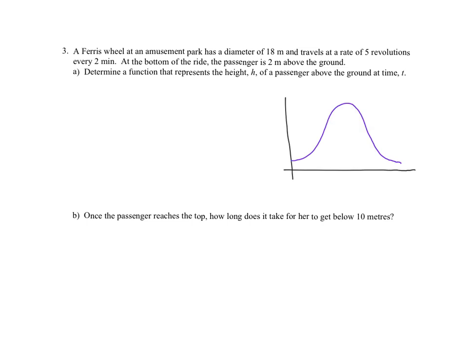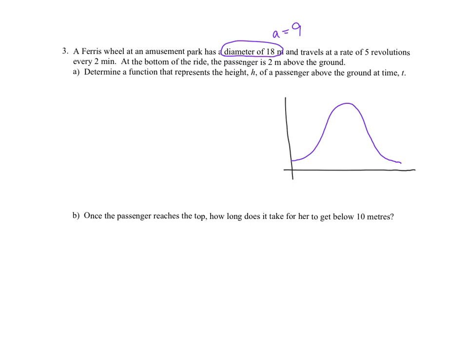So few key pieces of information. We know we have a diameter of 18 meters of this Ferris wheel. So the full distance of that Ferris wheel is 18 meters. So right away from reading that, I know if the entire distance of the Ferris wheel is 18 meters, half of that is going to be 9. So my amplitude of this will be 9.